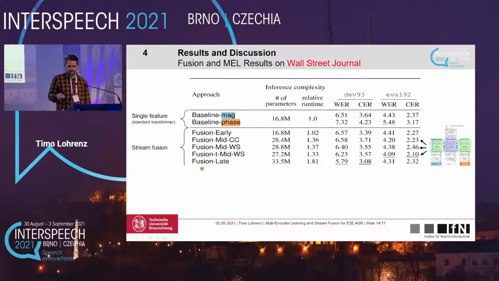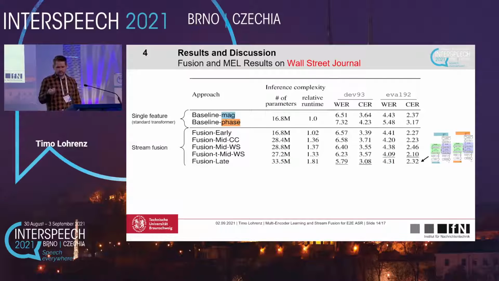And especially for this last fusion, the tied middle fusion approach, where we use the weighted sum and also tied the parameters for the fusion of the multi-head attention functions, we get quite nice results by not adding as many parameters to the whole system. Late fusion gets kind of good performance on the development set, but not on the test set, unfortunately. And it also uses the most parameters.